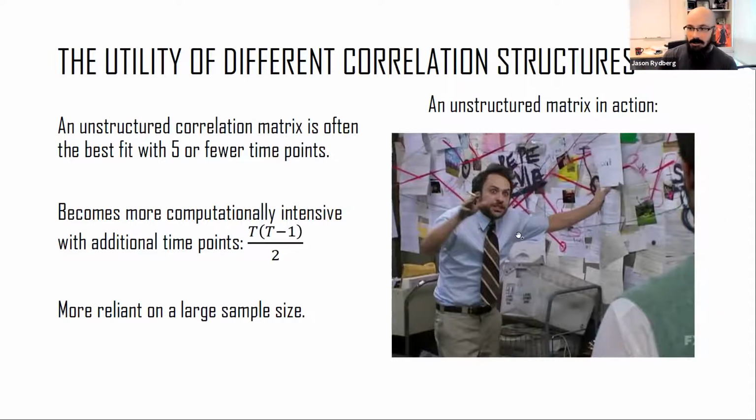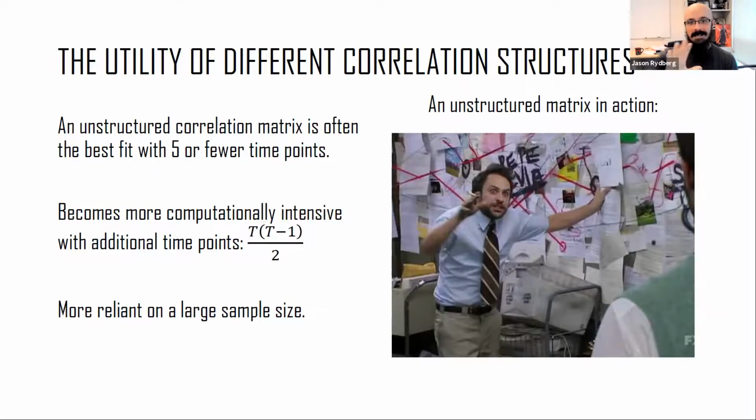So here's a great depiction of an unstructured covariance matrix in action. Here's the correlation between time point 1 and time point 2, and then here's the correlation between time point 2 and time point 8, and then here's the correlation between time point 8 and time point 20. So it is estimating all these separate time points. And what we need to ask ourselves is, do we really need that many?